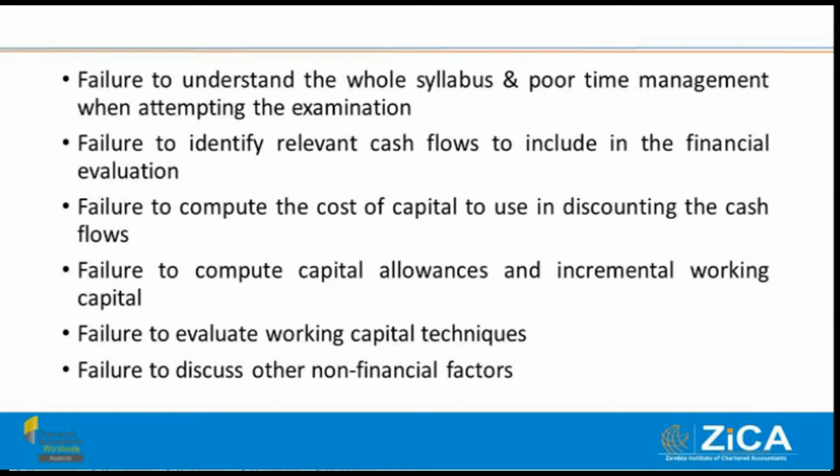Inability to cover the whole syllabus and poor time management, failure to identify relevant cash flows, inability to compute the cost of capital, inability to compute the capital allowances, and inability to look at other non-financial factors. So I'll look at some of the general problems that we have in these areas.